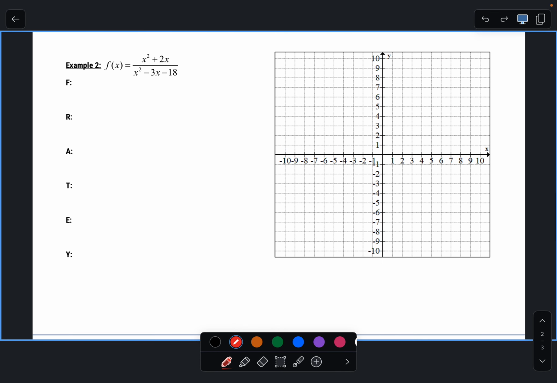Step 1, remember, is going to be that you factor. So what do we notice about the numerator? It is factorable. It has a GCF, right? X is a GCF, so let's pull out an X. X plus 2.